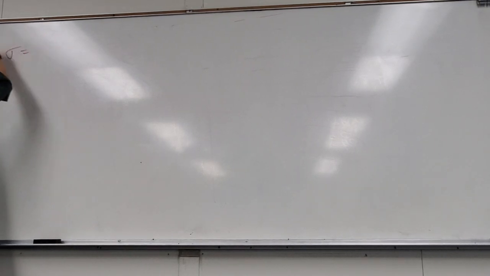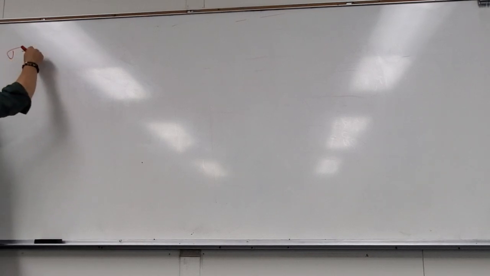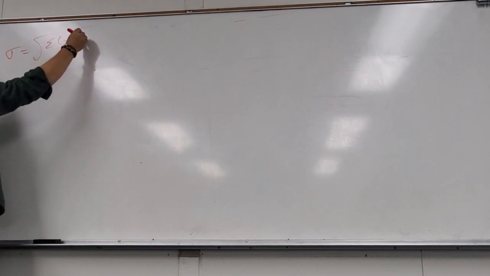Let me remind you what it was, and then let me take a little deeper dive into where this thing comes from. So here is the formula for a population. Population is the one we just used.